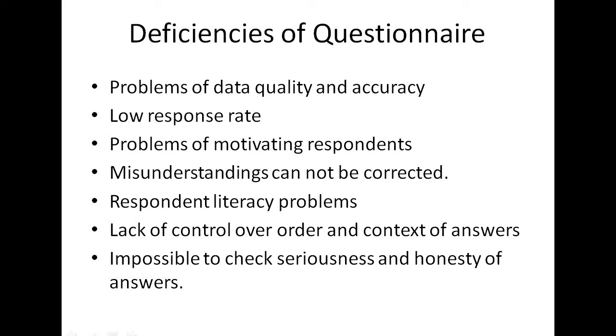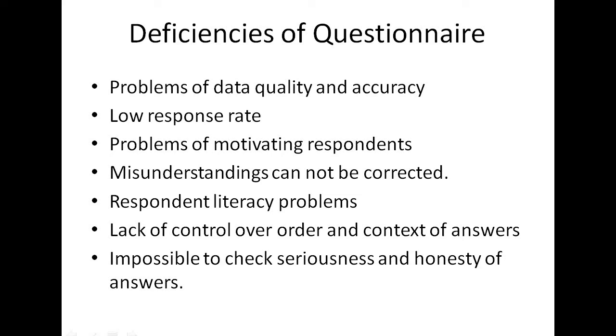The lack of control over order and context of answers, because the person distributing the questionnaires, the researcher, has no control over the order and organization, or how the people are going to respond. Similarly, the context of answers cannot be controlled.